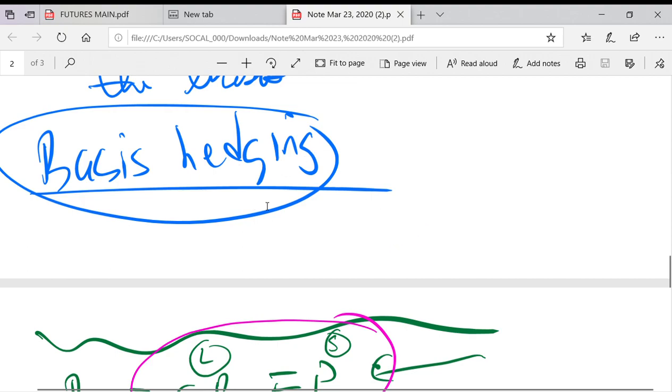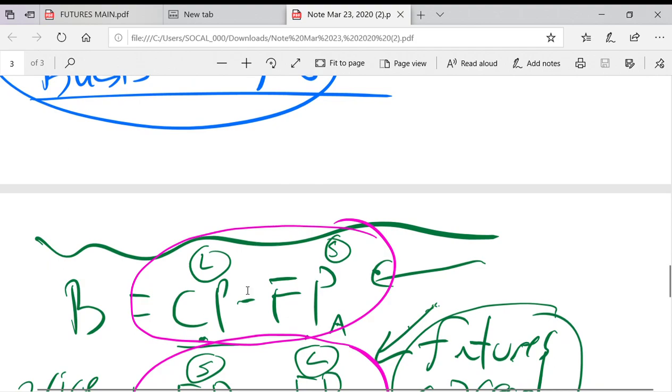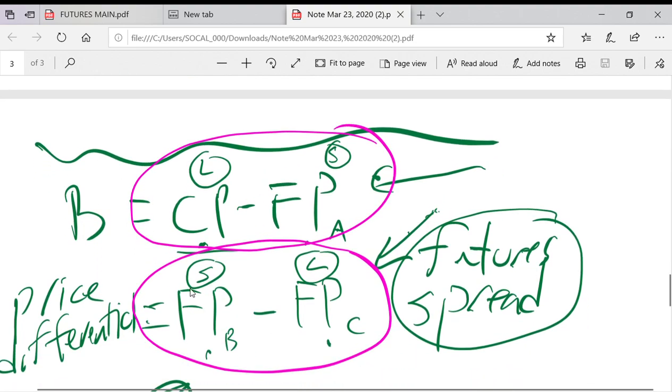So the idea here is it may be possible to hedge basis variation itself if you've got a high correlation between the basis, which is just here the cash price minus the futures price, here I've indicated contract A, and if there's a correlation between that and a pair of more distant futures prices. Here I have futures price B and futures price C.